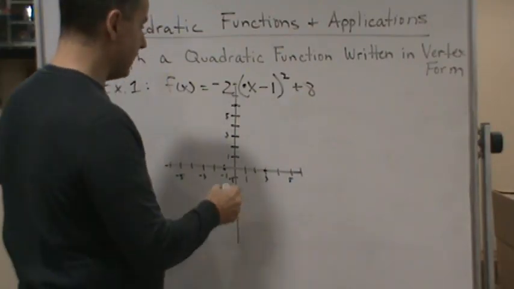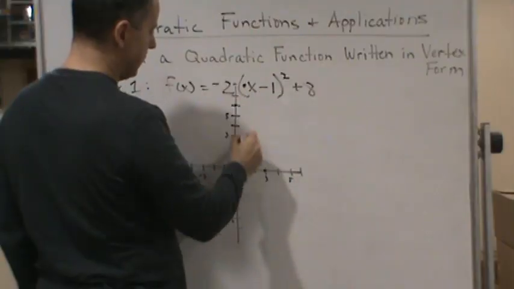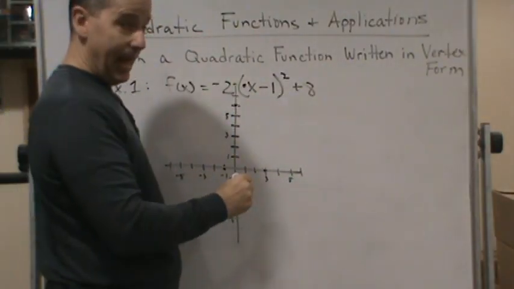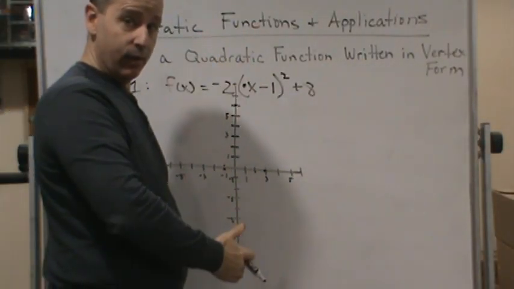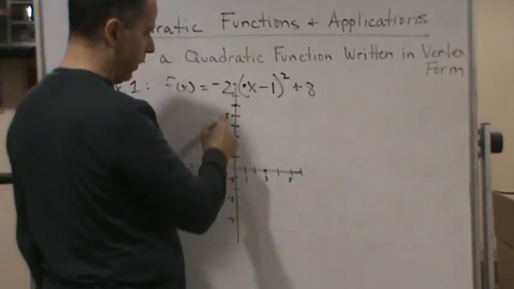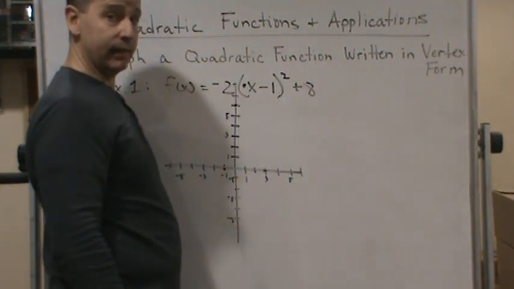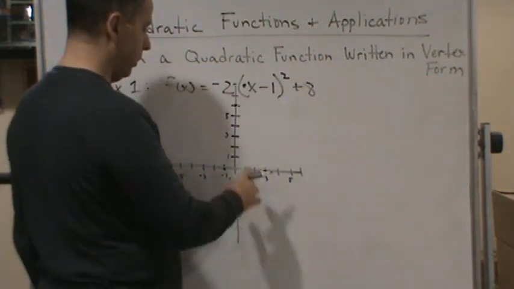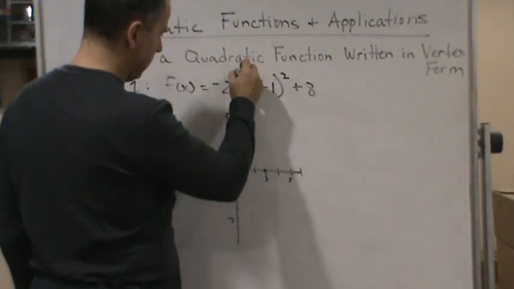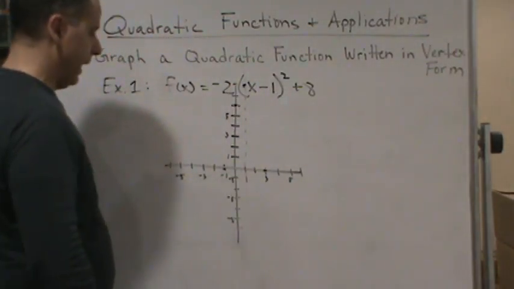The axis of symmetry goes right through the vertex. It's the vertical line that goes straight through the vertex, where the left half of the parabola is exactly like the right half. So we can draw an axis of symmetry right through x equal to 1.